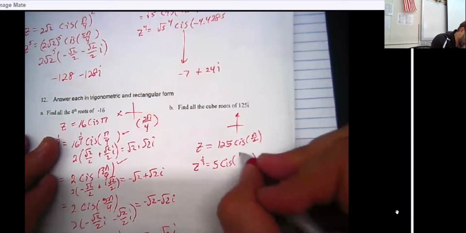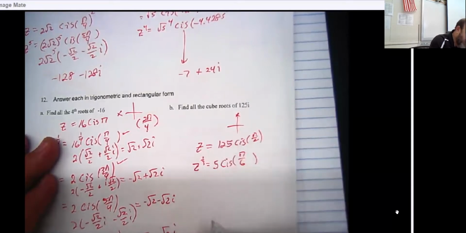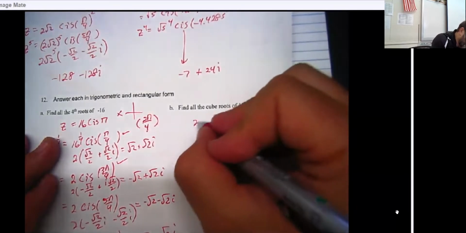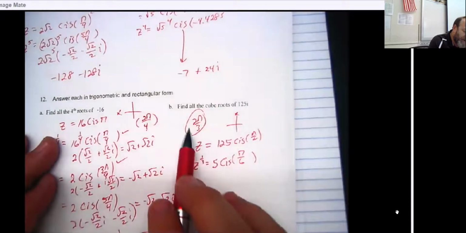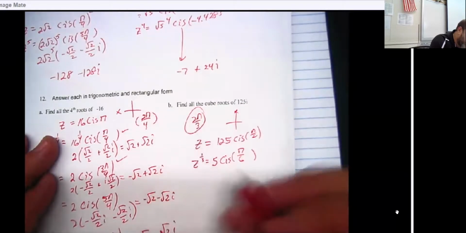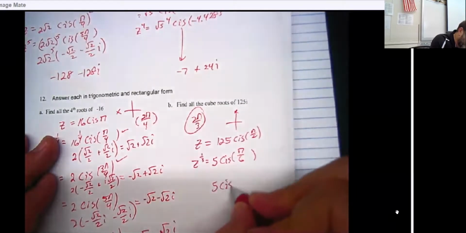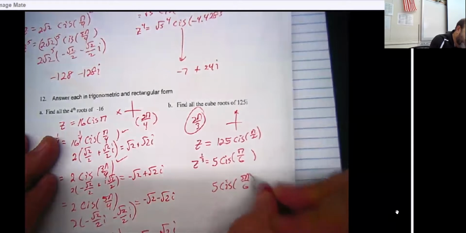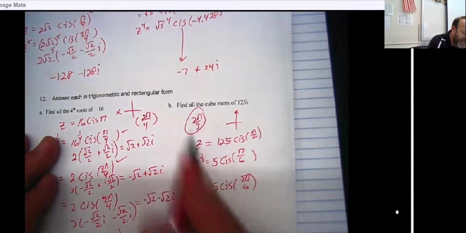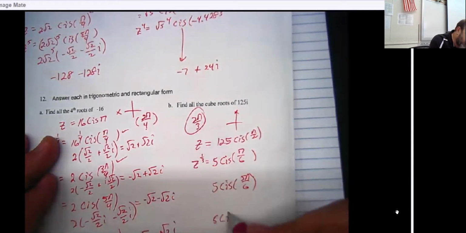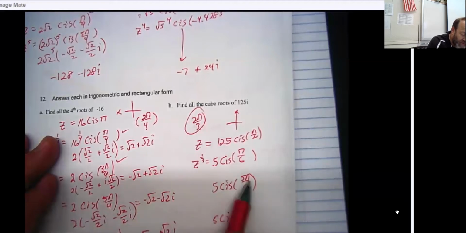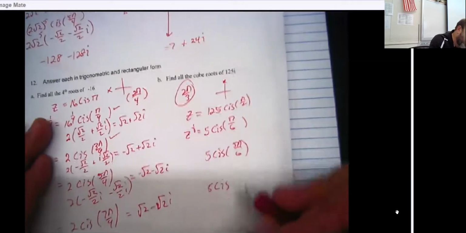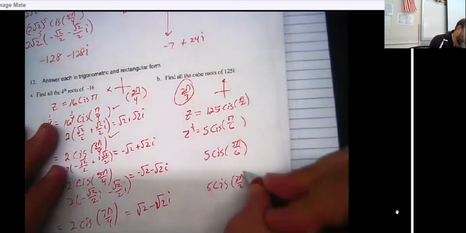That gives me pi over 6. That's my first trig form. Now there's going to be one of those new answers every 2 pi over 3, or 4 pi over 6. So my next answer is going to be at 5 pi over 6, because again, pi over 6 plus that. And my last answer is going to be an additional 4 pi over 6, or 9 pi over 6, away. 9 pi over 6 reduces.